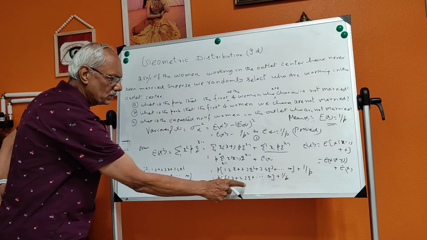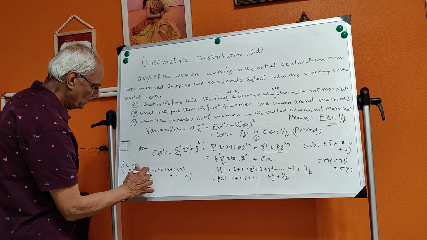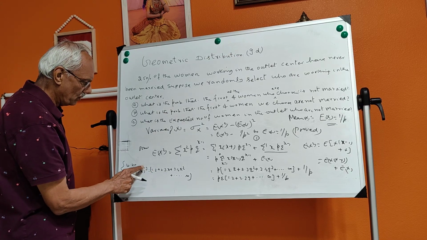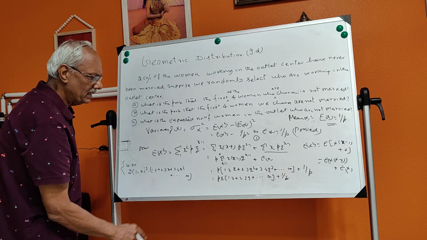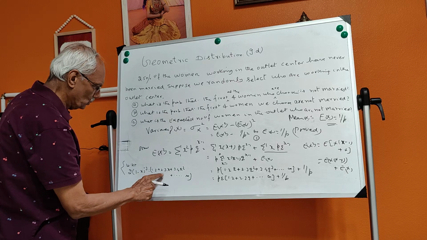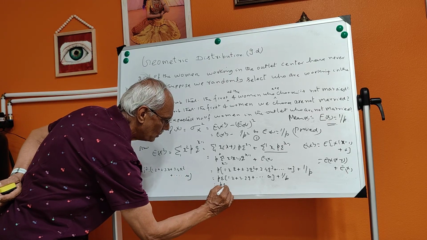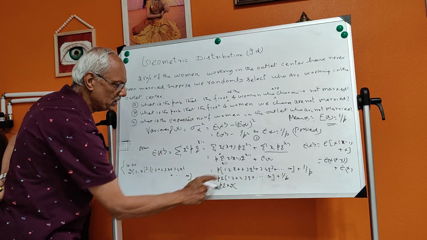So in this place, 1 into 2 plus 2 into 3, I am using this formula. You see that 2 into (1 minus x) to the power minus 3 is equal to this. Using this idea, instead of x you have q.